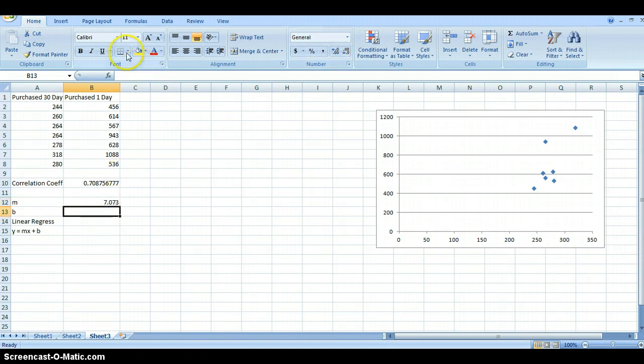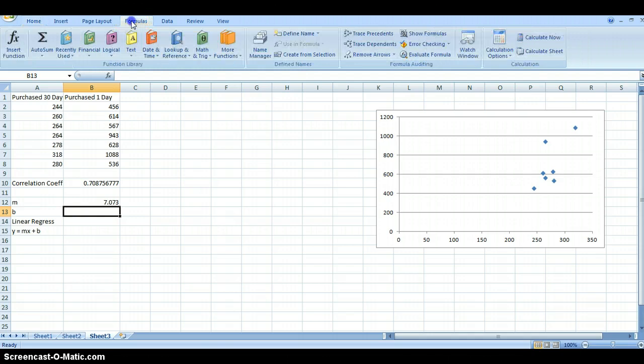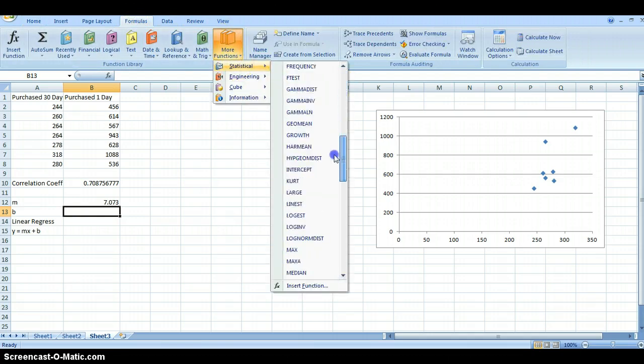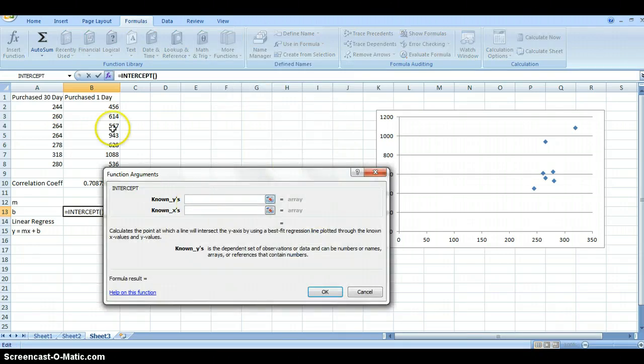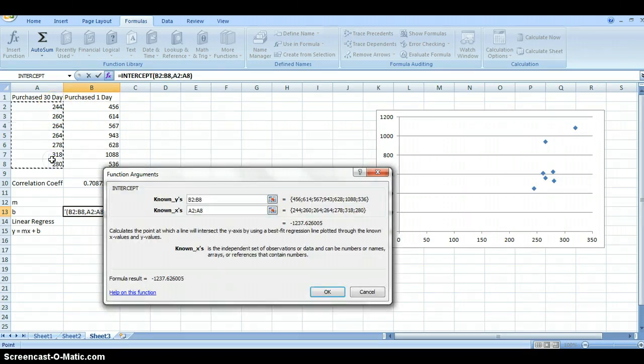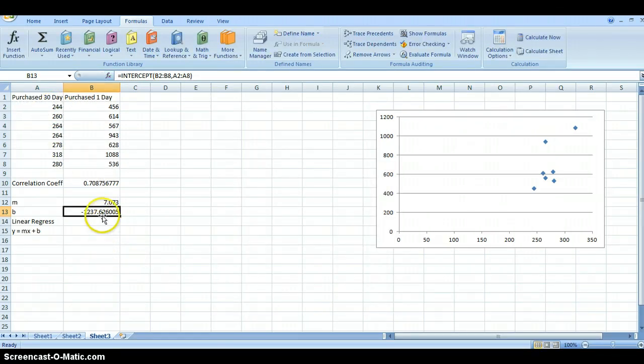Okay, now I need the intercept. So again, I go up here to formulas, statistical, and we're going to ask for the intercept. Notice again it puts the y's first. I hit tab, I highlight my x's, and I hit enter, and I get the intercept.